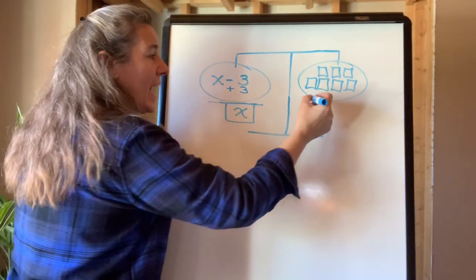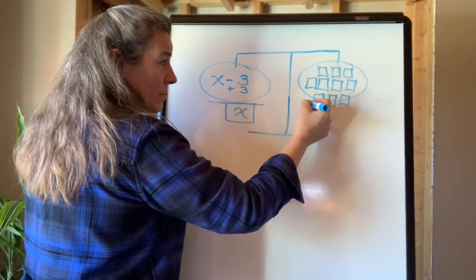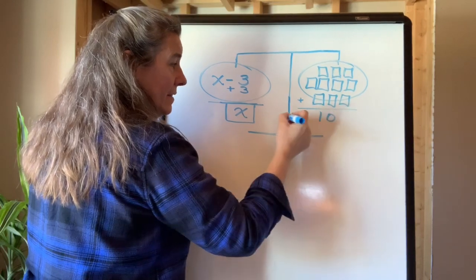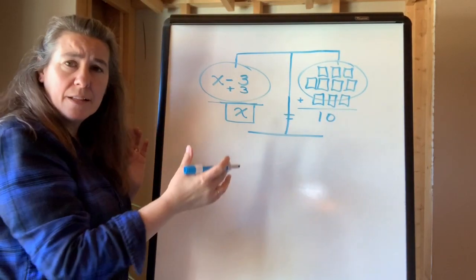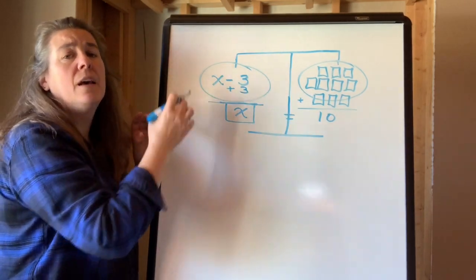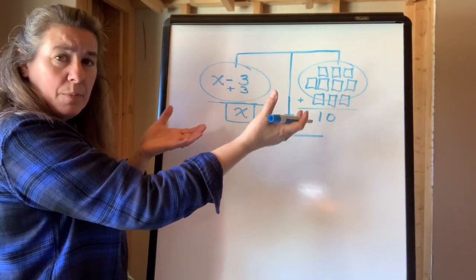And then if I add 3 to this side also, I get 10. So X is equal to 10. So whatever I put or take away from one side, I must also do to the other side. That is the way that we keep this in balance.